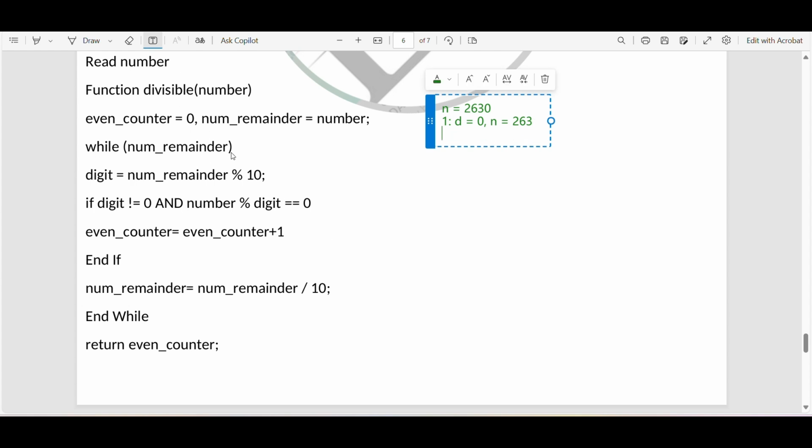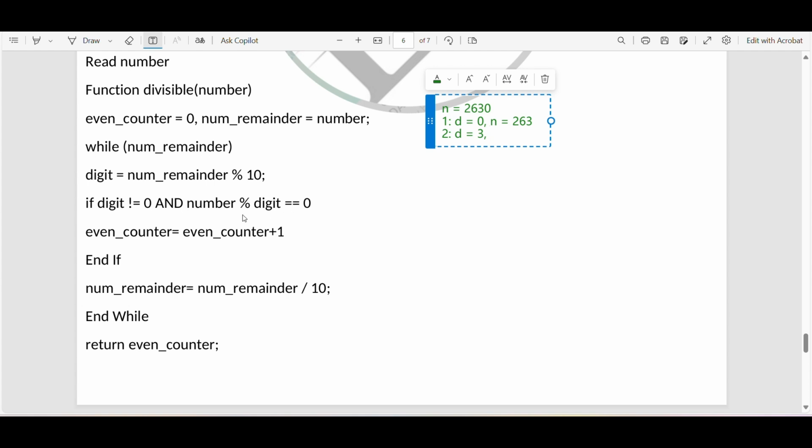And when you go for iteration 2, you will be getting digit equals num remainder mod 10. That means 263 mod 10, then you will be getting the remainder as 3, right? And next, you need to see this digit is not equal to 0.